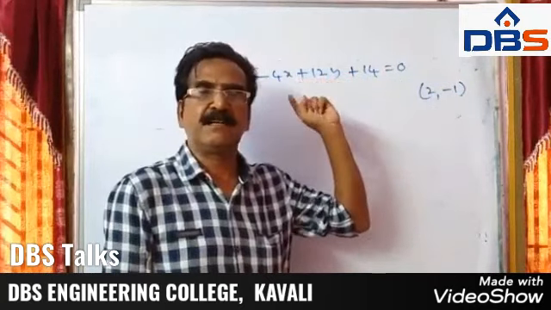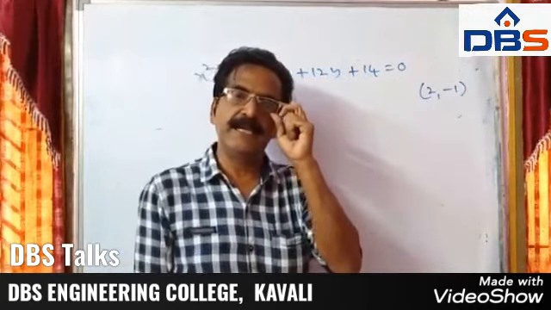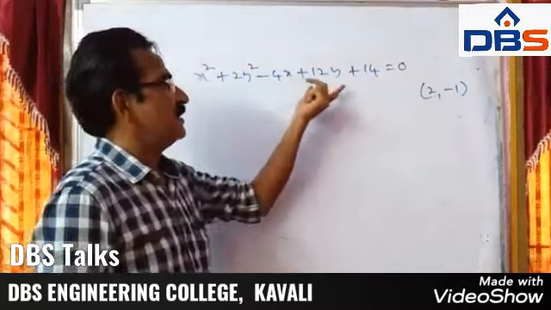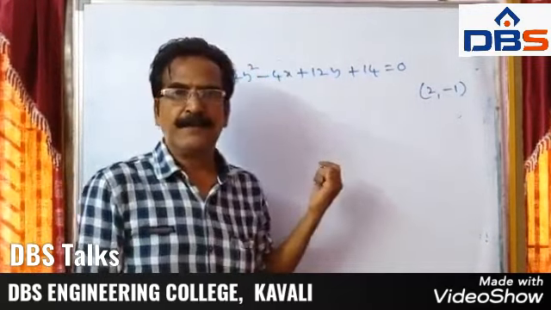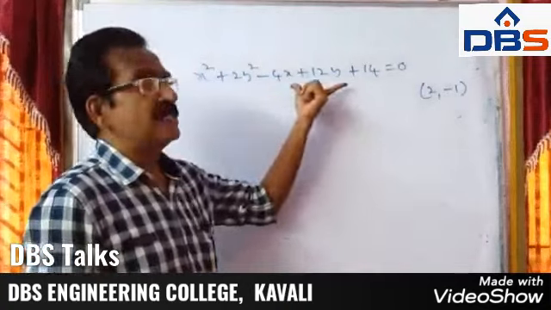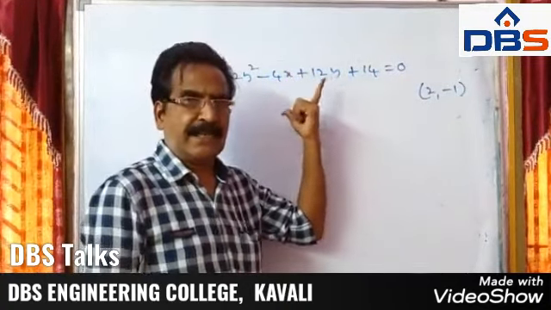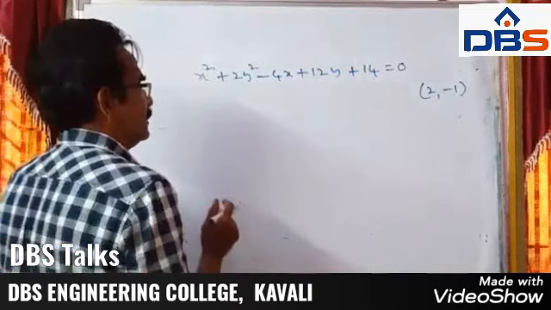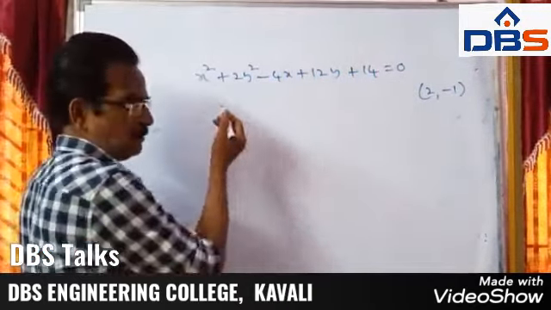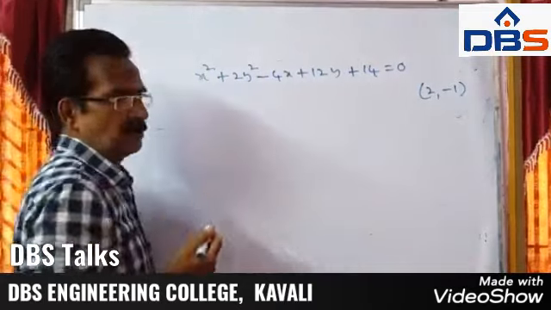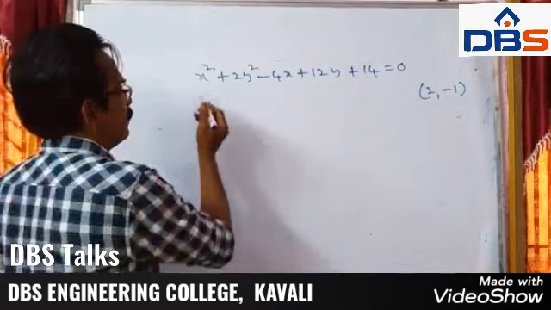This is the equation of the ellipse. All of you might be knowing this well. The tangent to this ellipse is S1 is equal to 0. If this is S is equal to 0, then the tangent is S1 is equal to 0.